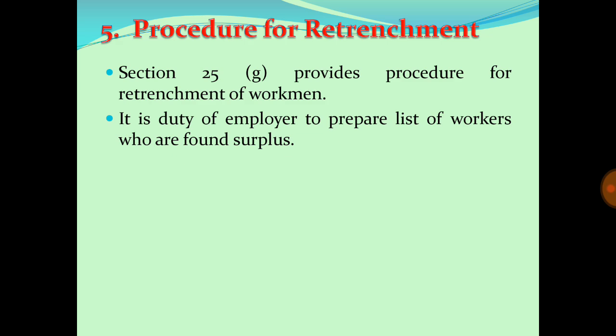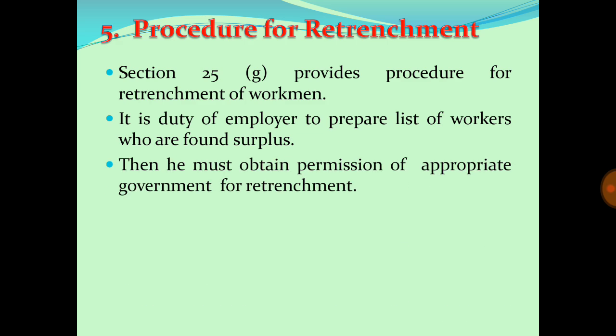So before terminating the services, he must prepare a list of those who are found as extra workers, or surplus workers. Then he must obtain prior permission as provided in the earlier section.